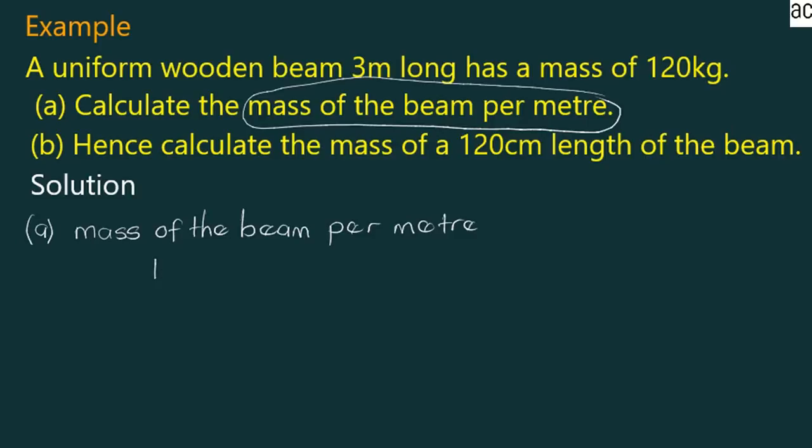In this case we're dividing the mass, which is 120 kilograms, by the length, which is 3 meters, to get the rate in kilograms per meter. What we're going to get here is 40 kilograms per meter. That is the answer to part A.